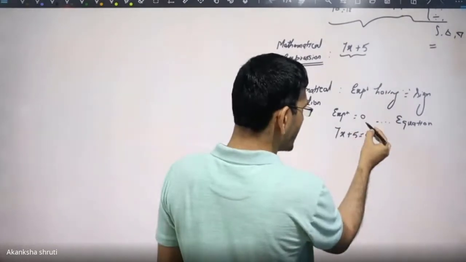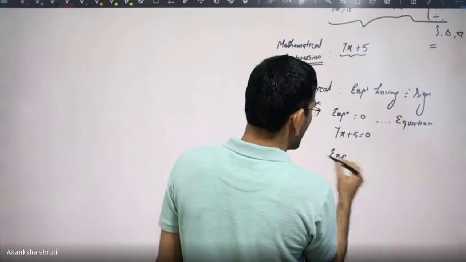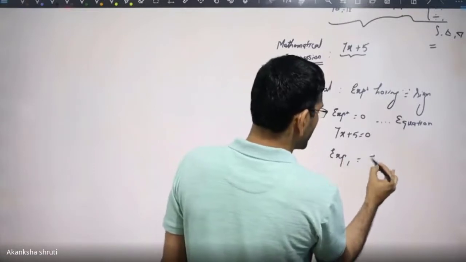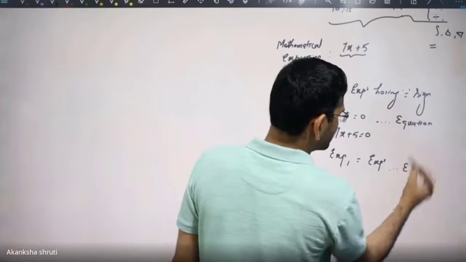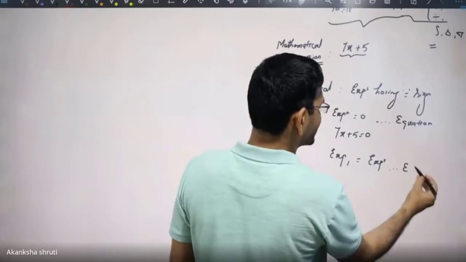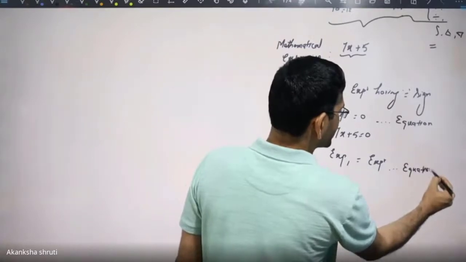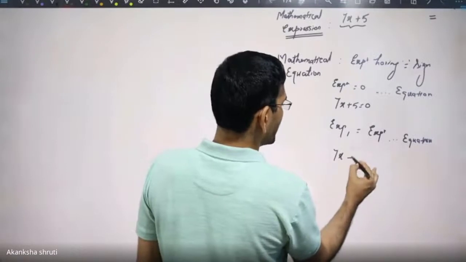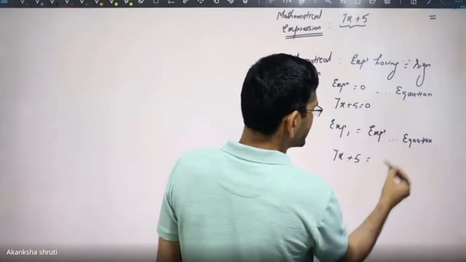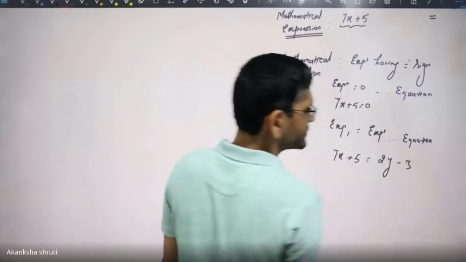It need not be equated to 0. It may be possible that one mathematical expression is equated to another mathematical expression. It also gives rise to an equation. Example, say 7x plus 5 is equated to another expression 2y minus 3.